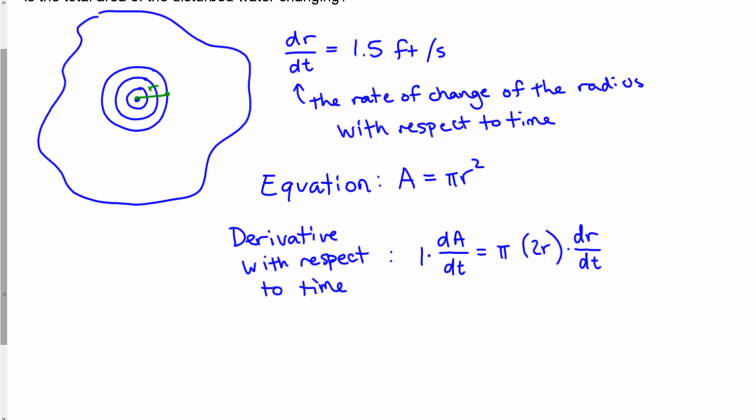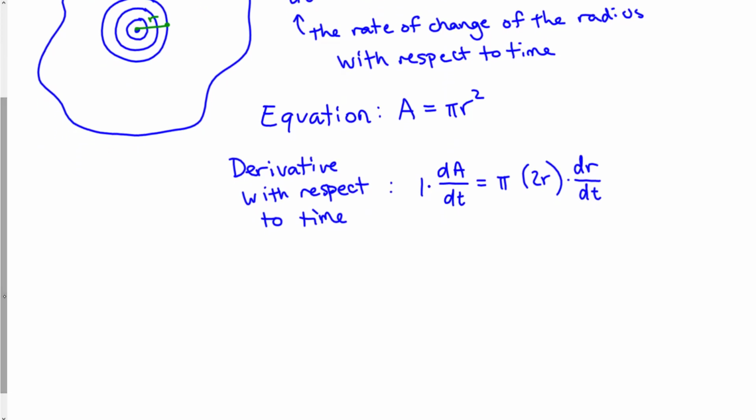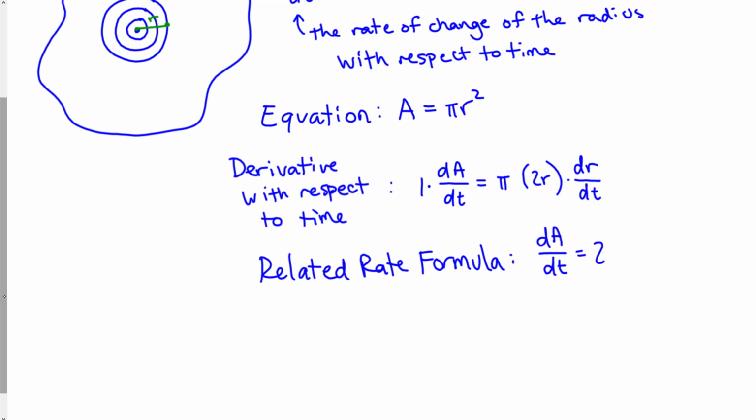So my related rate formula is dA/dt is equal to 2 pi r dr/dt. There are two different derivatives in this problem, and I can't stress enough how important that is, because if you're relating rates, you have to have at least two derivatives, because derivatives measure rates of change.